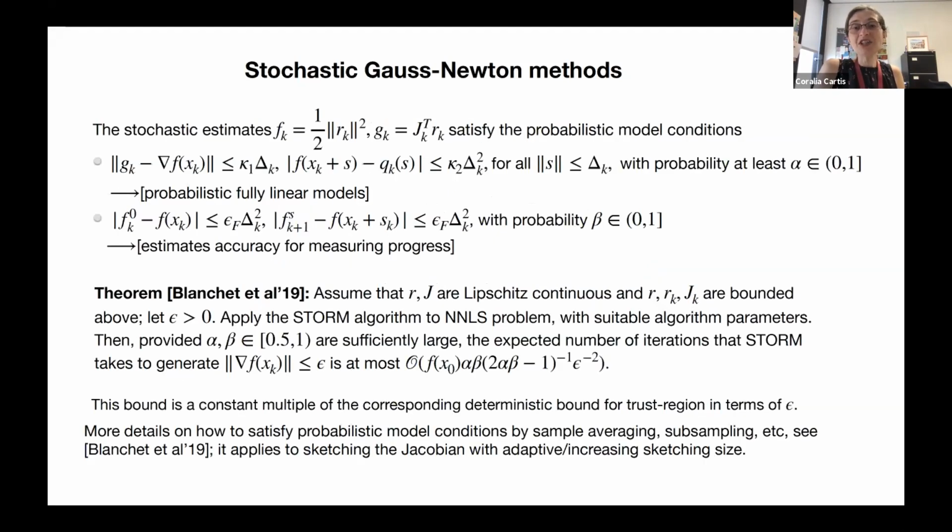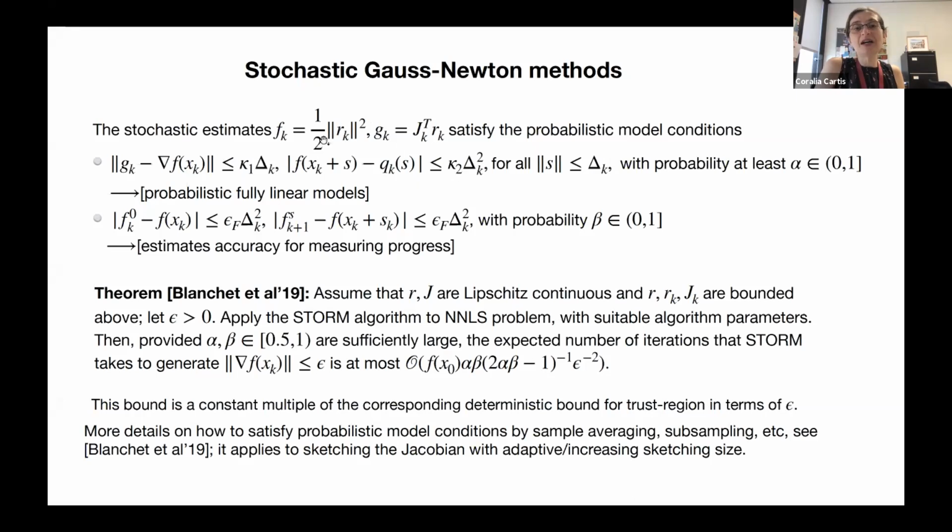Okay, so what condition do we have on this Jk and rk that I just wrote there? I haven't said at all what conditions it has to satisfy. Well, this approximate gradient has to satisfy a probabilistic linear model condition. So we say that it has to be close to the true gradient in a region of the same size as the trust region ball.